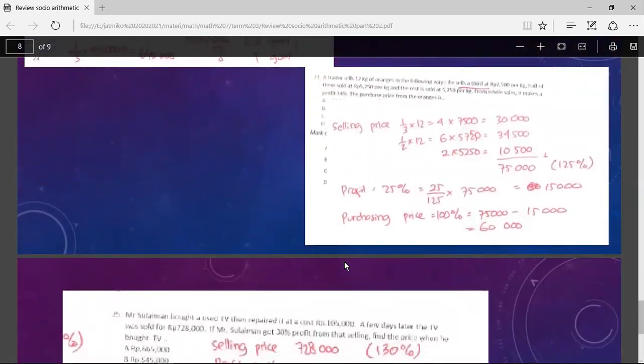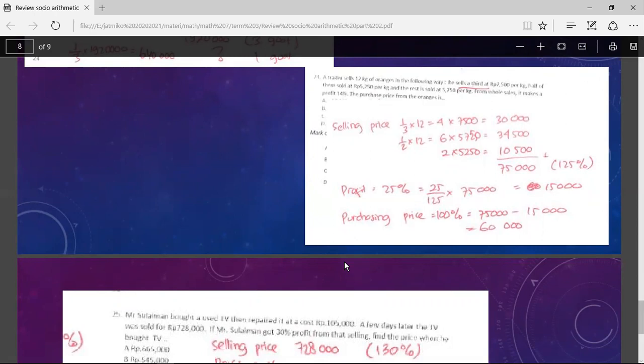Okay, number 24. Now we have a trader who sells oranges in several ways. It's almost the same as the previous question. They sell 12 kilograms of oranges.